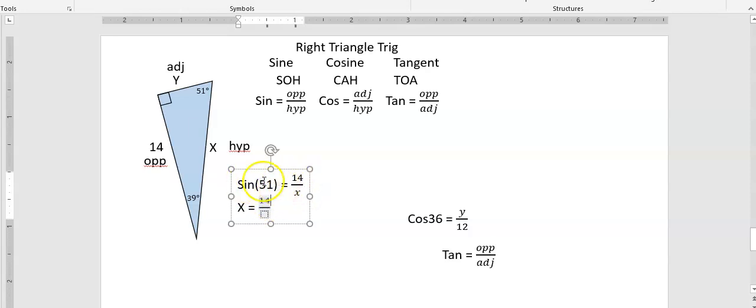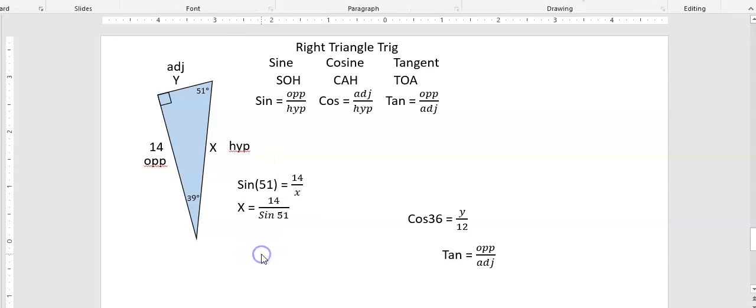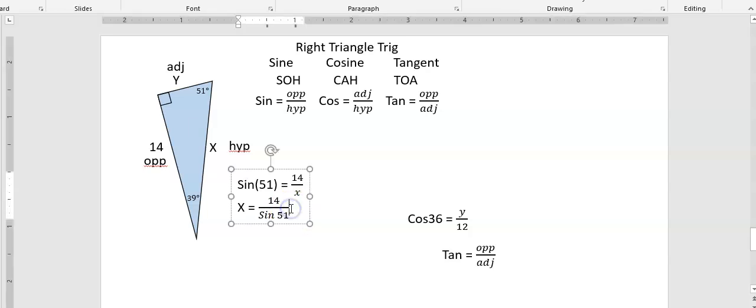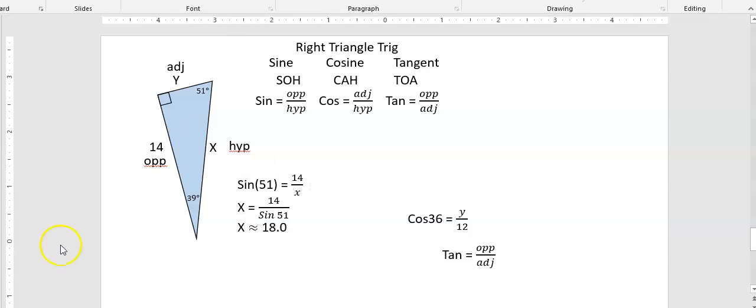But the sine 51 and the x have traded places. So stop the video. This time you're going to go type in 14 divided by sine 51, and let's round our answer to the nearest tenth. So your answer is 18.0. I believe after the 0 was a 1, so 18.0.